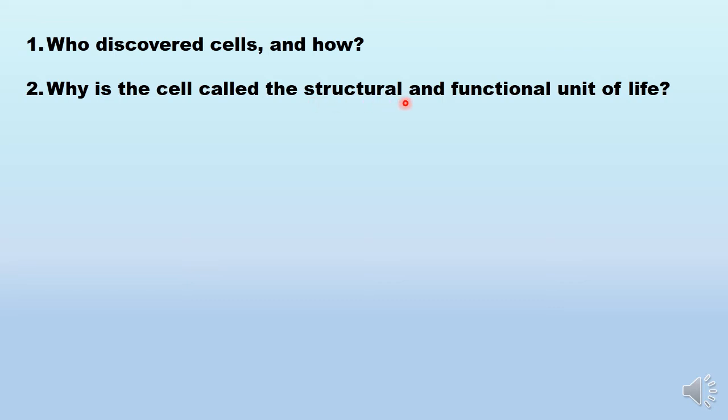So it basically forms all the structure which is living, and it is also a functional unit of life because all the functions which are required for something to be living, that is all the life processes, are performed within a cell. So cell not only forms the structure but also performs all the functions which are required to be alive. That's why it is known as structural and functional unit of life.